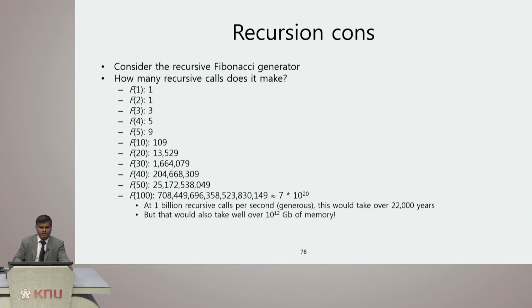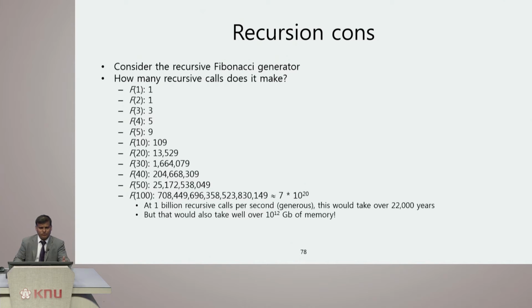At times recursion can also lead you to some deadlock conditions, but that would also take over 10 to the power 12 GB of memory. That's very huge. This is one of the drawbacks of recursive functions.